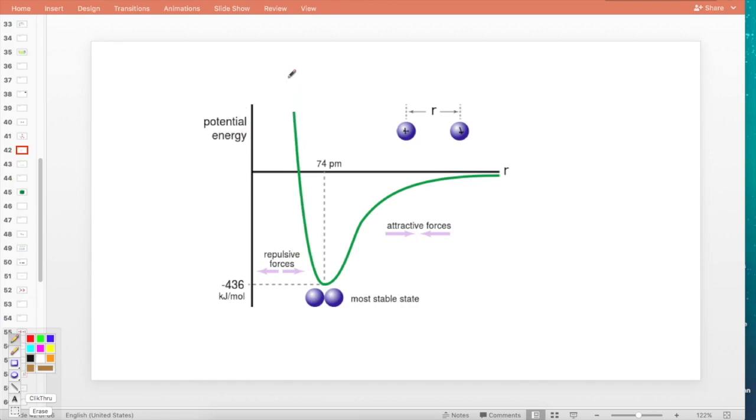The amount of potential energy skyrockets at that point. So there is one distance between atoms where the potential energy is the lowest, and the system will always seek that lowest potential energy arrangement. It's the most stable arrangement. And what is keeping these atoms together? It is the fact that the potential energy has reached a minimum. Systems in nature always seek a potential energy minimum.